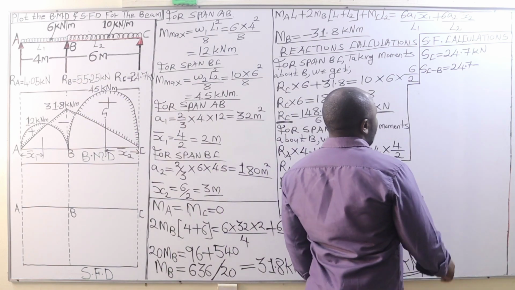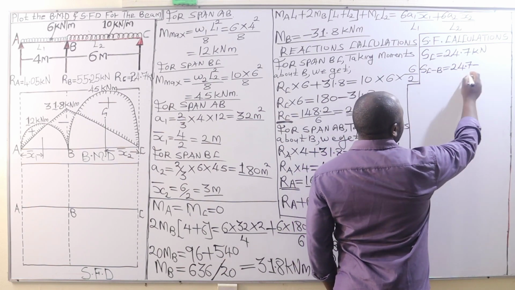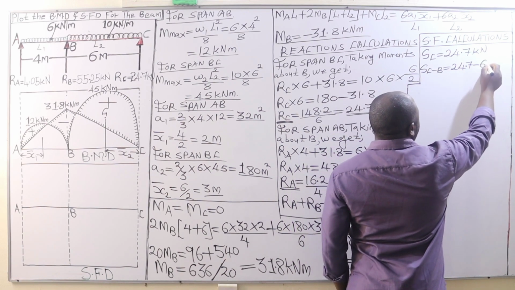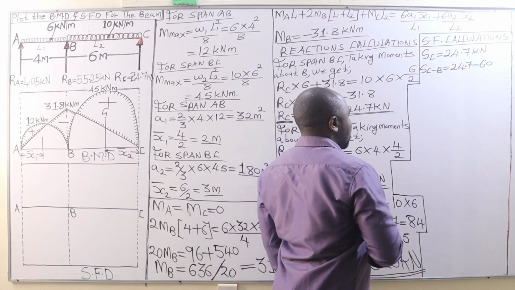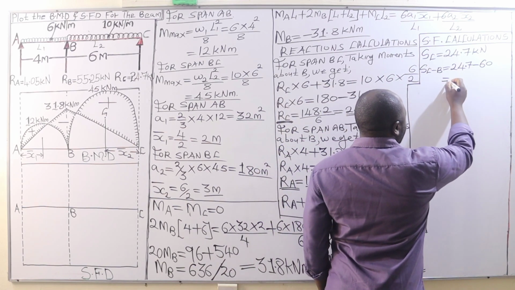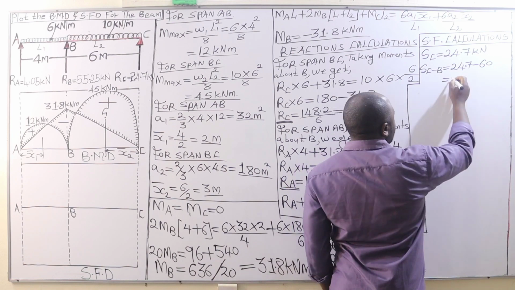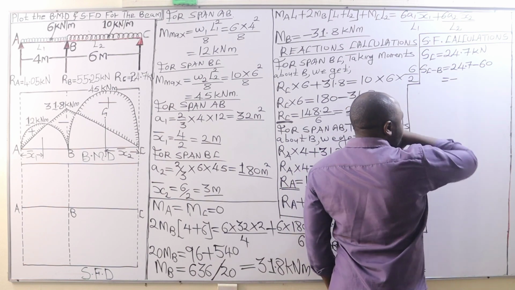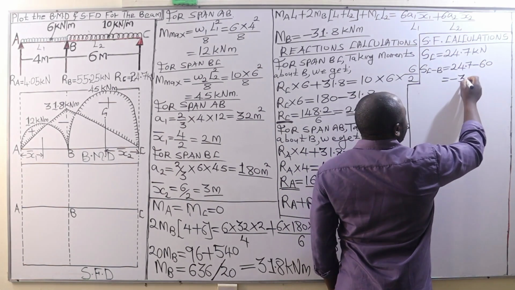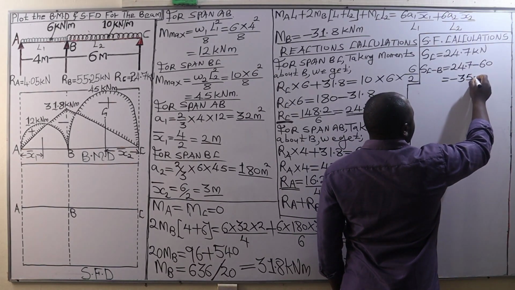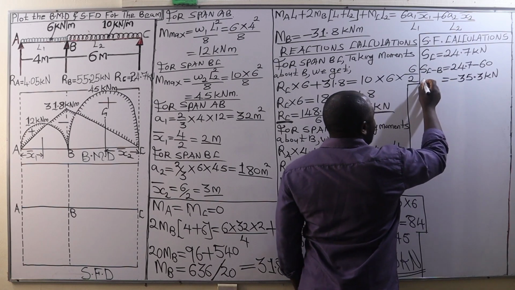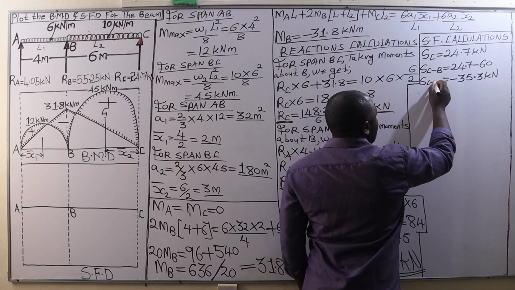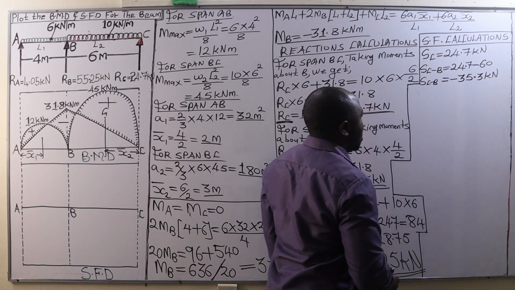Therefore, the shear force between C and B will be 24.7 minus 60, and 24.7 minus 60 is negative 35.3 kilonewtons.